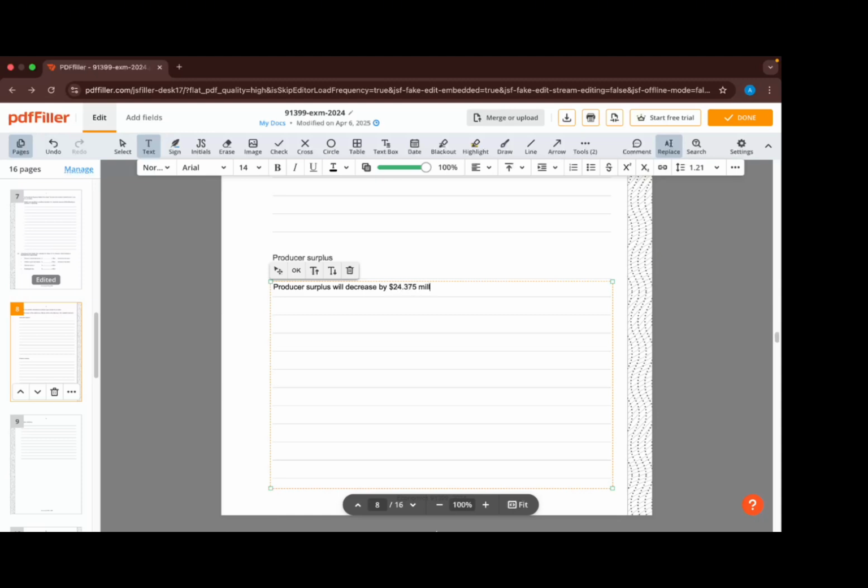24.375 million. Consumers, producers will receive a lower price.